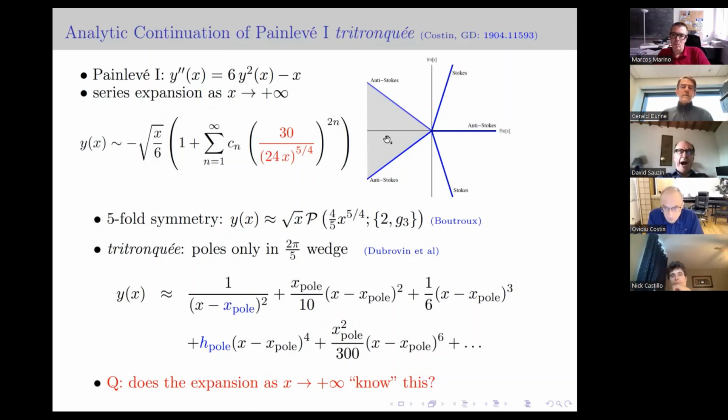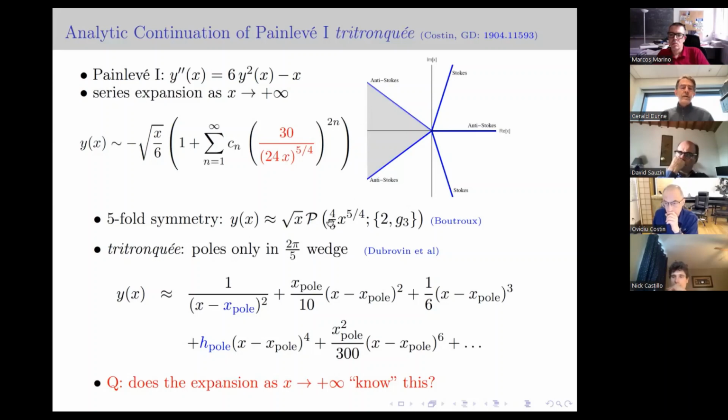Just remember, the Weierstrass function has a lattice of poles everywhere in the plane, but if you tune the parameters, some of those poles can disappear off to infinity, so you can end up just with hyperbolic behavior or trigonometric behavior. So that's what's happening here, but in a more complicated way in this deformed Weierstrass equation.